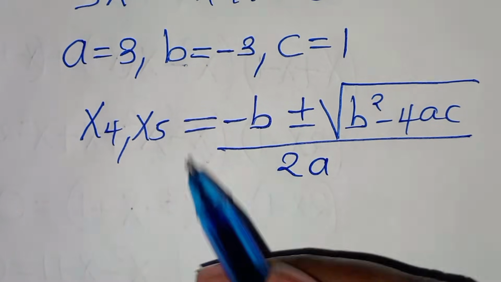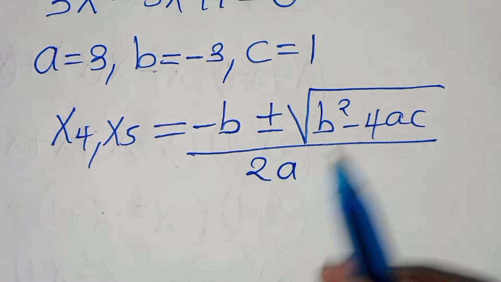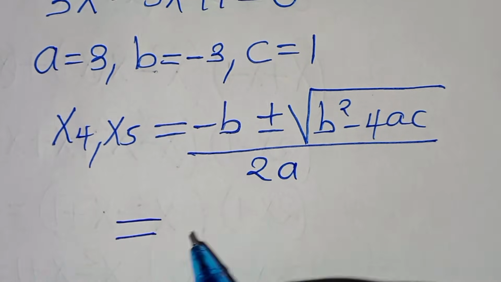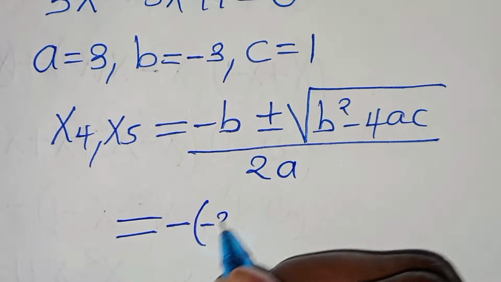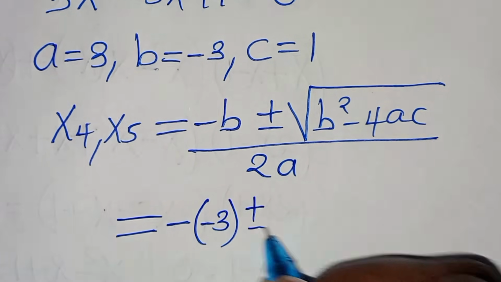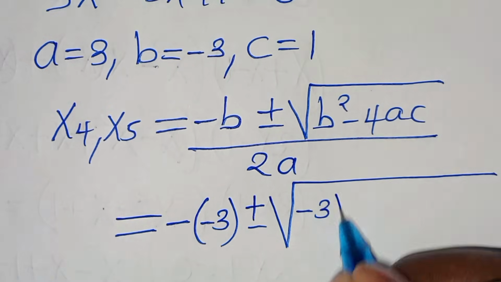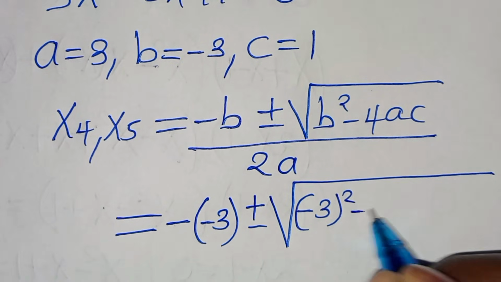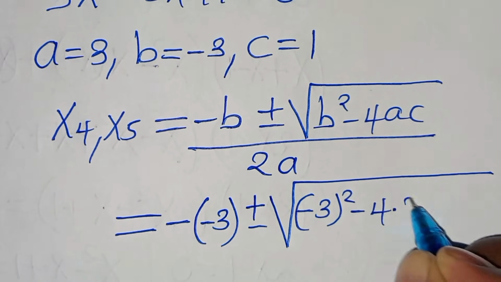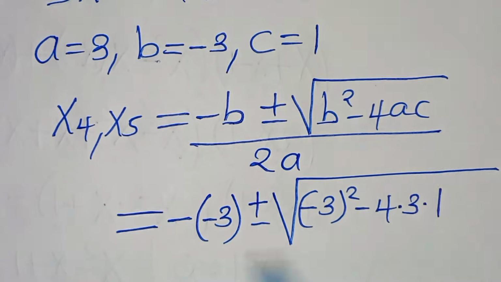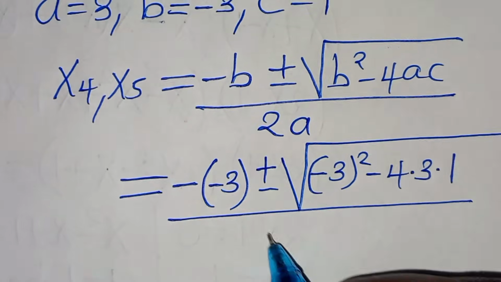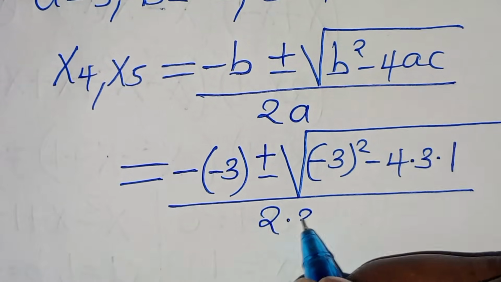So let's substitute the values of a, b, and c into this formula here, so that we have minus times minus 3 plus or minus the square root of minus 3 raised to the power of 2, subtract 4 times a, which is 3, then times c, which is 1, then everything here divided by 2 times 3.